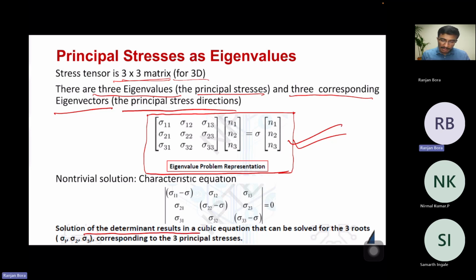The solution of the determinant results in a cubic equation that can be solved for the 3 roots corresponding to the 3 principal stresses.